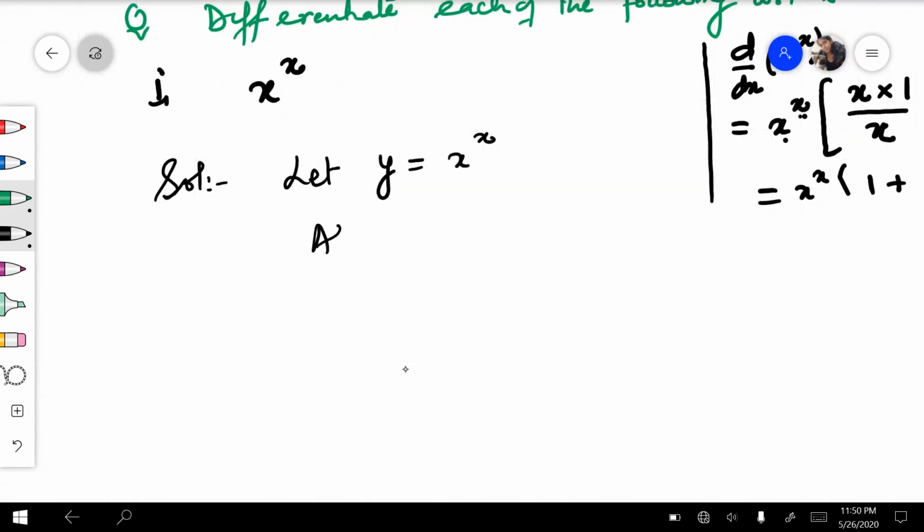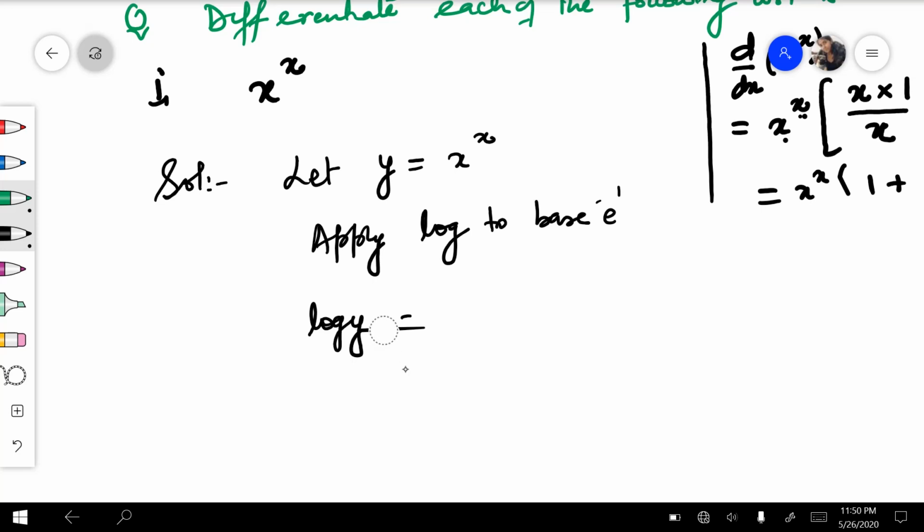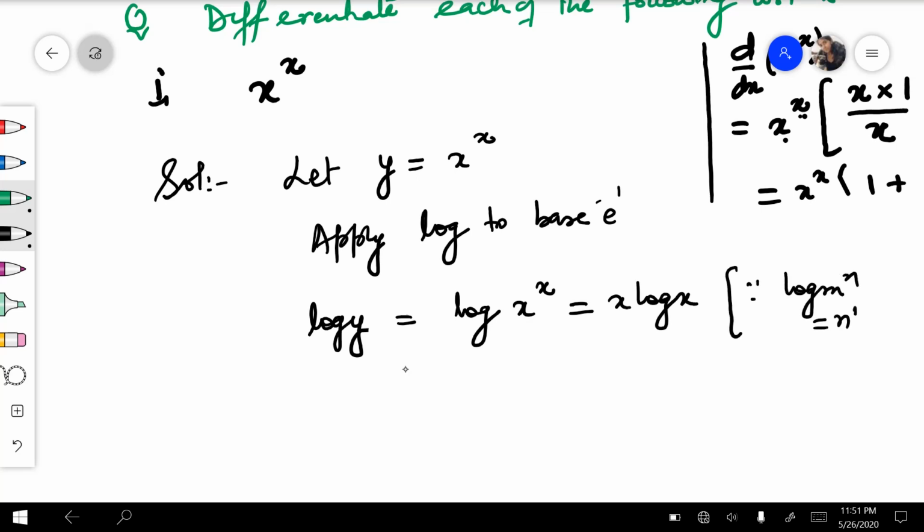Apply natural log to both sides, that is log to base e. तो उससे हमारे पास क्या हो जाएगा log of y is equal to log of x raised to power x which is equal to x into log of x because log m raised to power n is equal to n log of m.